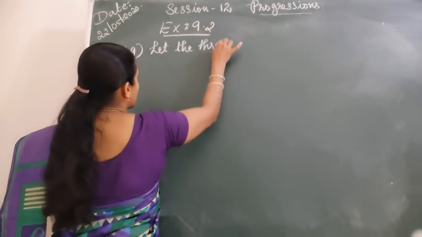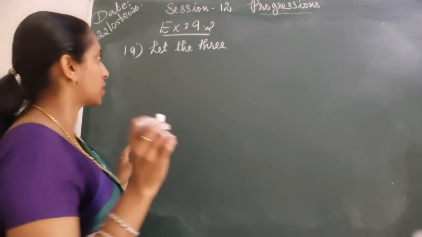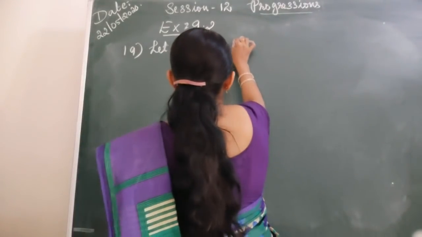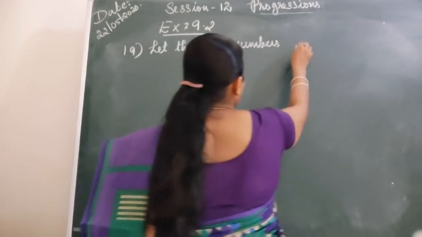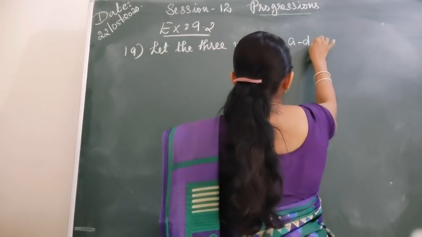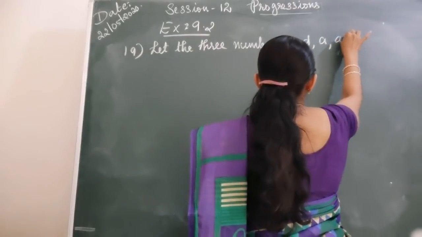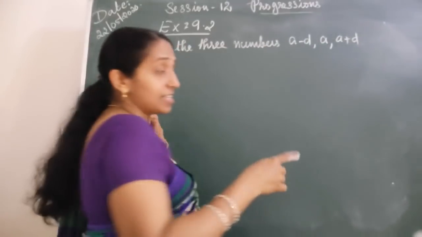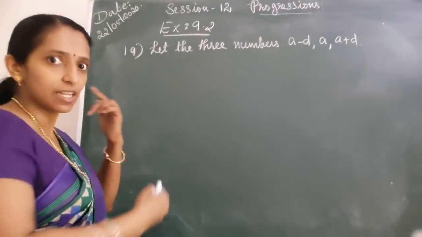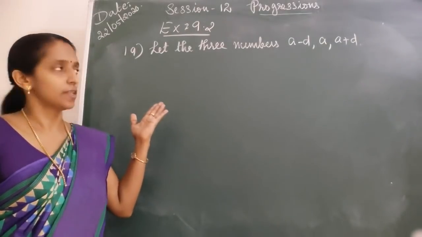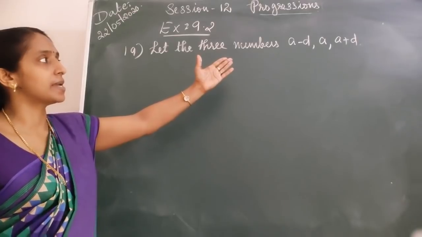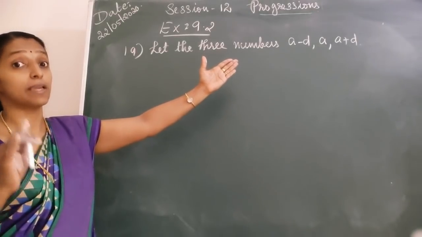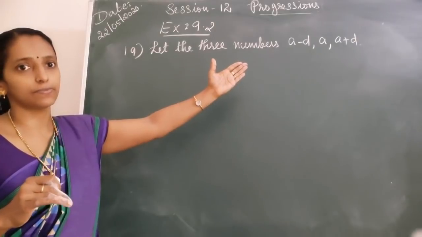If the sum and product of three numbers are given, then we will assume the three numbers as a minus d, a, and a plus d. If a is the first term, then its preceding term will be a minus d only. So we will assume the three terms as a minus d, a, a plus d for making the procedure simple.